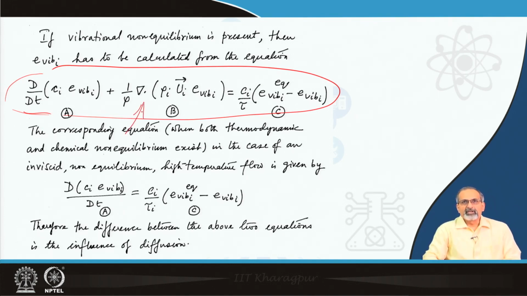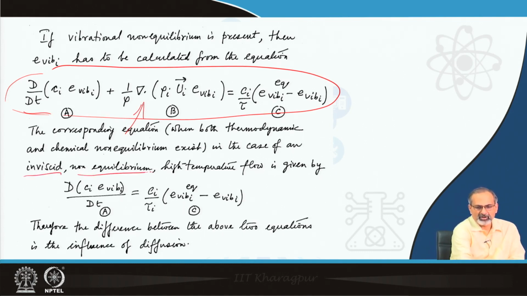The corresponding equation when both thermodynamic and chemical non-equilibrium exist in the case of an inviscid non-equilibrium high temperature flow.